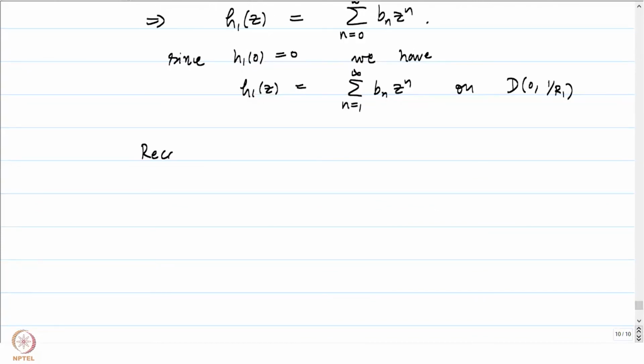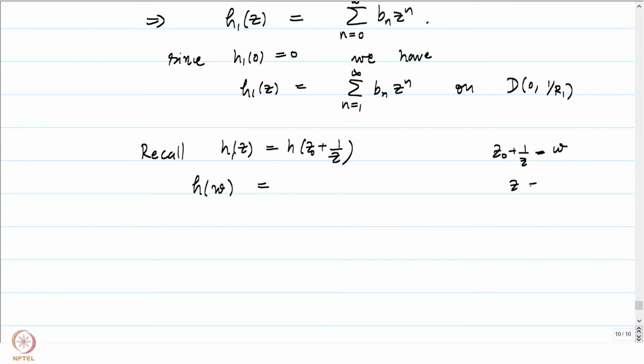Recall that h1 of z is defined as h of z0 plus 1 by z, and hence h of z can be written as follows. If z0 plus 1 by z is equal to w, then we have z is equal to 1 by w minus z0, and that is going to be equal to h1 of 1 by w minus z0.